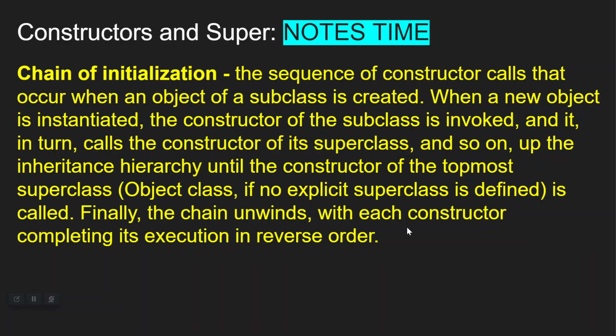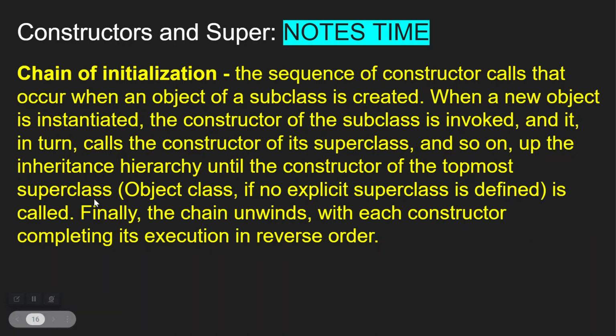And then there's one other thing we want to get into, which is called the chain of initialization. The chain of initialization refers to the sequence of constructor calls that occur when an object of a subclass is created. When a new object is instantiated, the constructor of the subclass is invoked, and it in turn calls the constructor of its superclass, and so on up the inheritance hierarchy until the constructor of the topmost superclass, which would be the Object class, unless there is an explicit superclass defined by using the keyword extends.